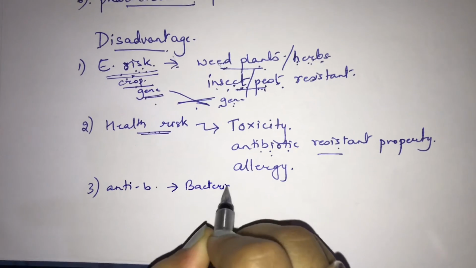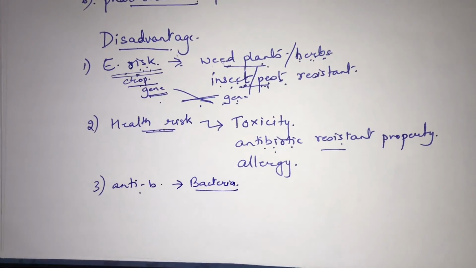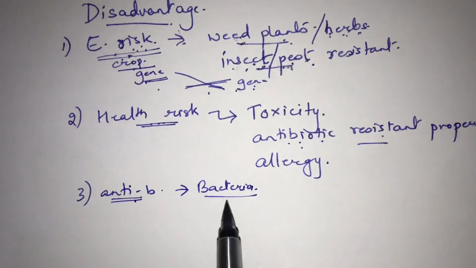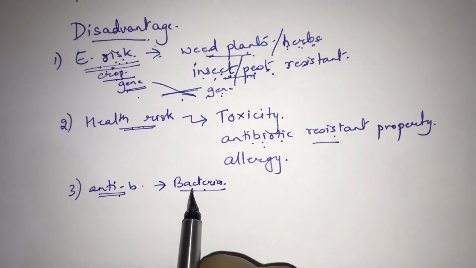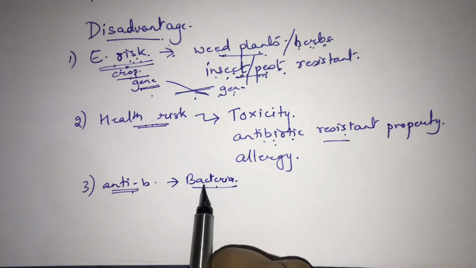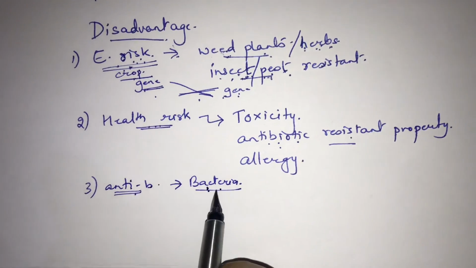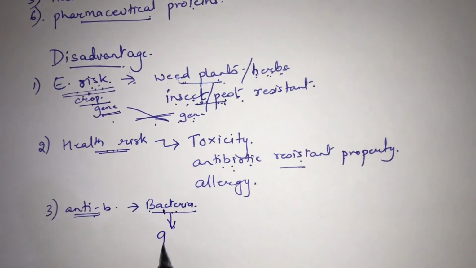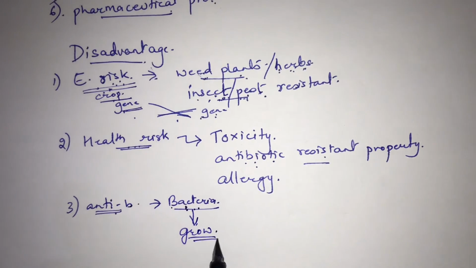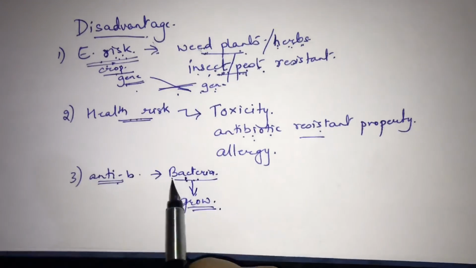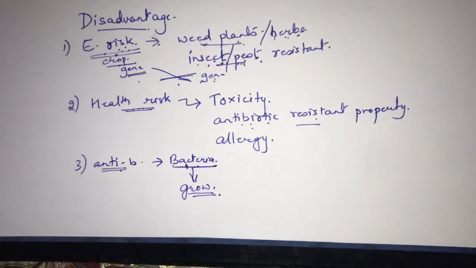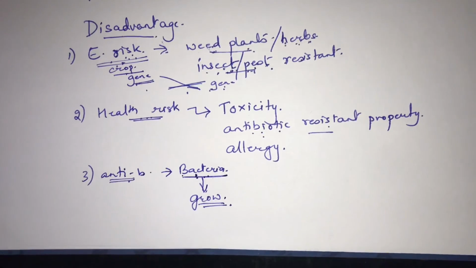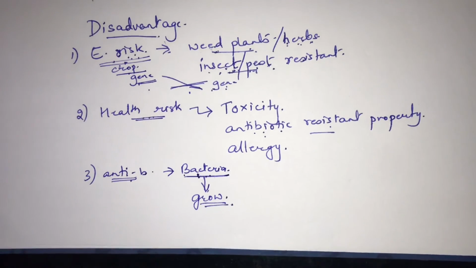Normally antibiotics are substances that kill bacteria, but if the bacteria has recombinant DNA with antibiotic resistant property, then the bacteria will grow enormously and it will be difficult for human beings to control that growth. So that is the main drawback of genetically modified crops.